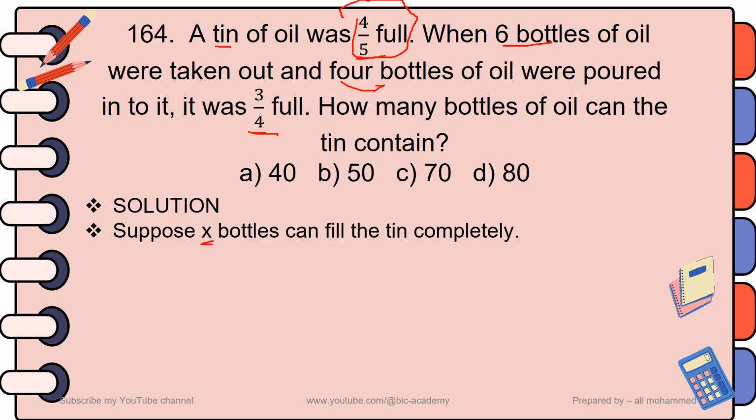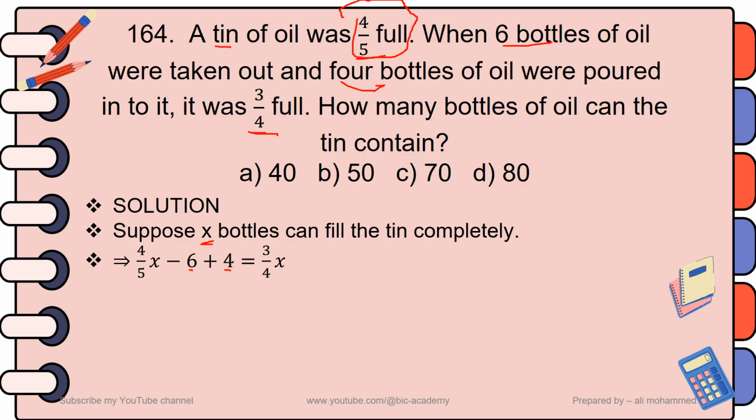First, there is 4/5 of X amount, and from that amount of oil, you have to subtract 6 bottles. That means 4/5X minus 6. Then again you add 4 bottles, plus 4.